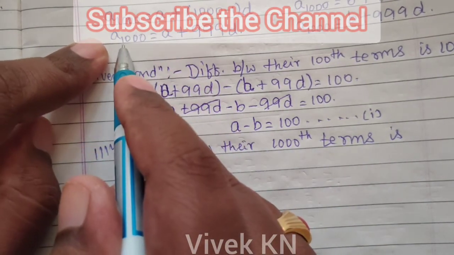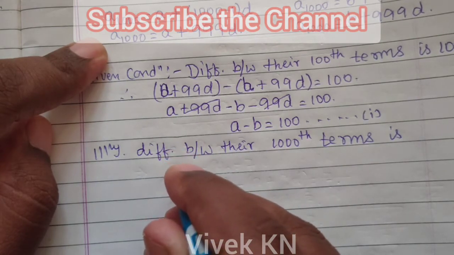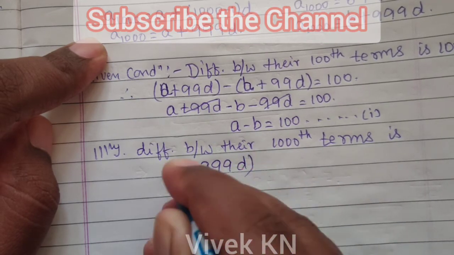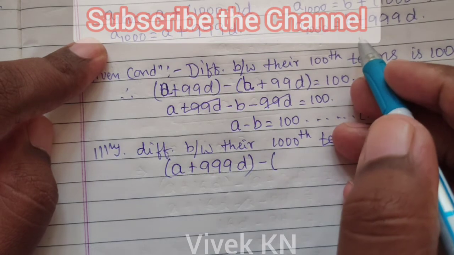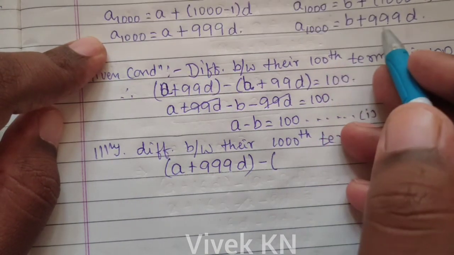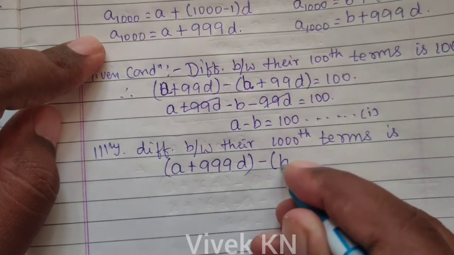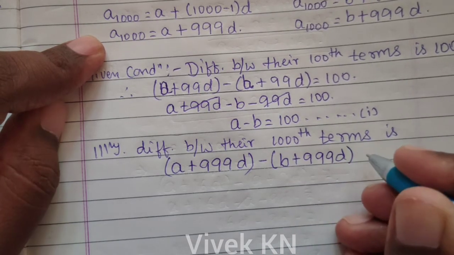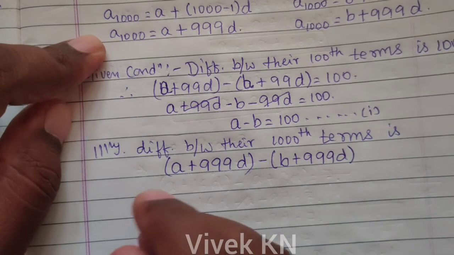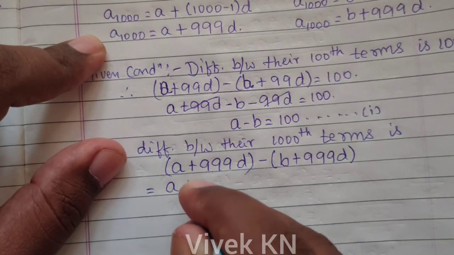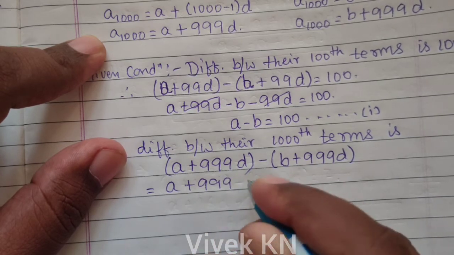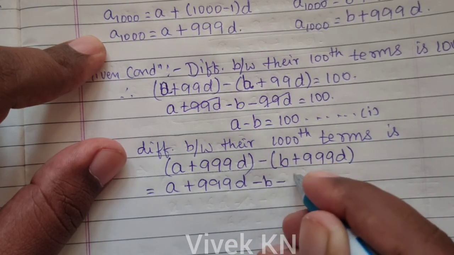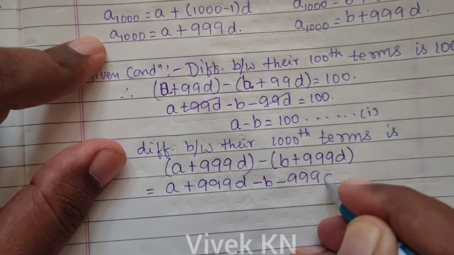For the first AP, the 1000th term is A plus 999D, minus, for the second AP, the 1000th term is B plus 999D, which is equal to A plus 999D minus B minus 999D.